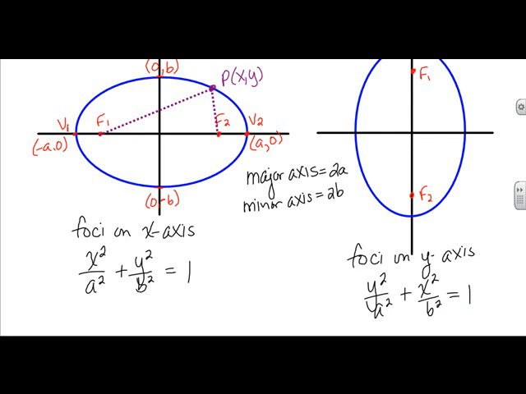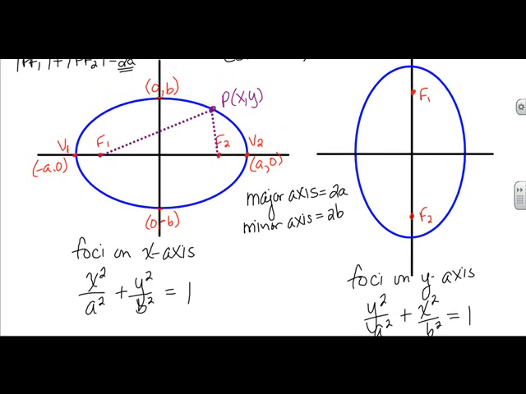So the length of the major axis is 2a. If the value of a squared is under the x squared term, then you've got an ellipse with foci on the x-axis. If the value of a squared is under the y squared term, then you've got foci that are located on the y-axis.